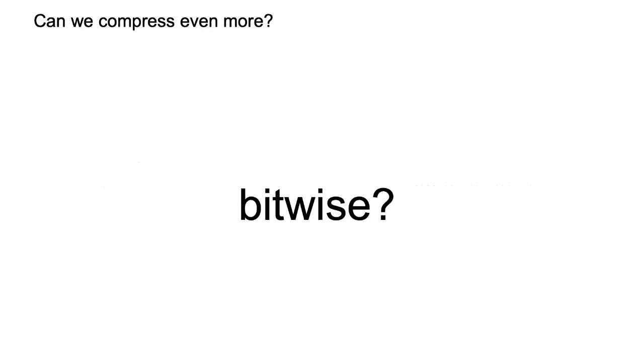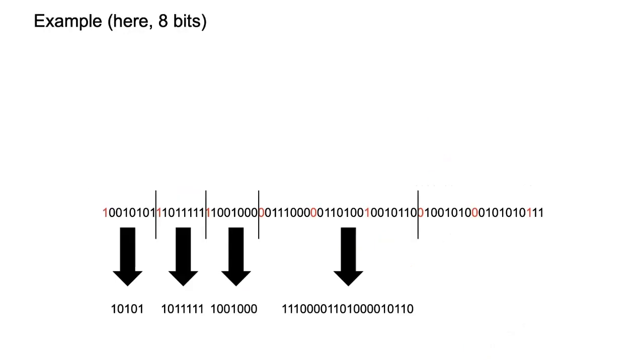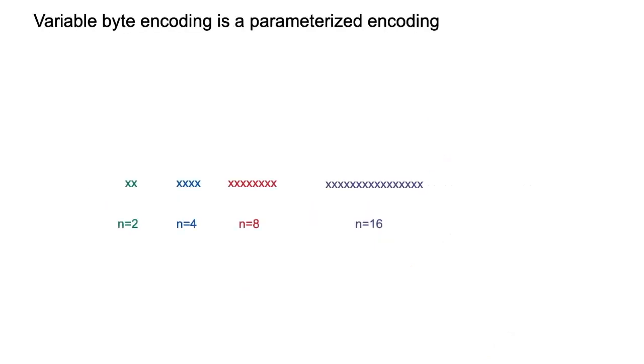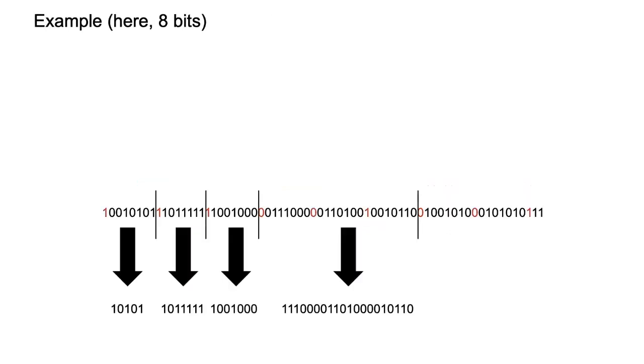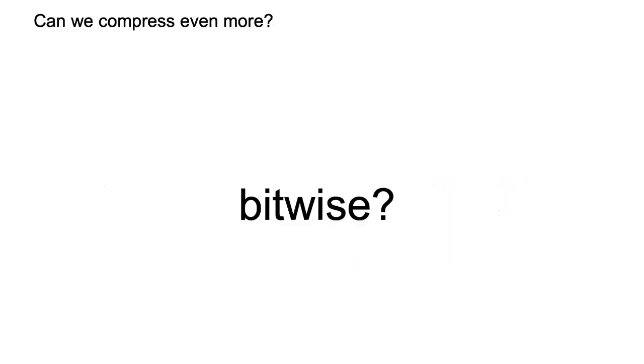Could we improve on this in such a way that we get even better elasticity? It means that for the very small integers, we only use 1 or 2 or 3 bits, and it elegantly and seamlessly grows as we use more of them. So you could say, okay, let's just use the version with n equals 2, but no, that's not that easy. You can try, that's not it. So we need to do better than that.